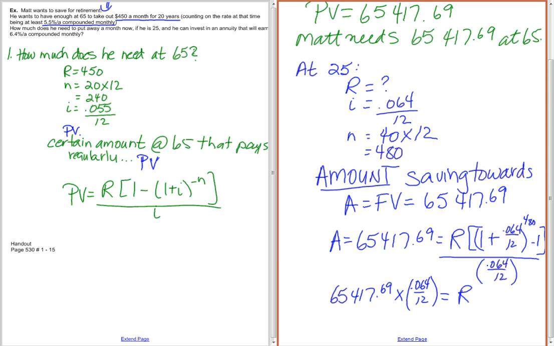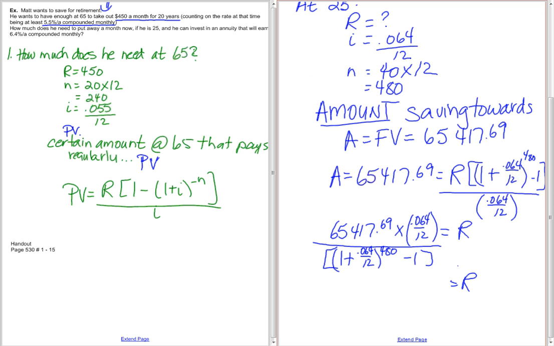Then I'm going to divide both sides by the ugly square bracket. Very carefully, or with some help from me, you're going to get your regular deposits of $29.45. That's not a lot of money. Matt, I am sure, could manage to put away a little bit more than that, and he will be rolling in it when he's old.